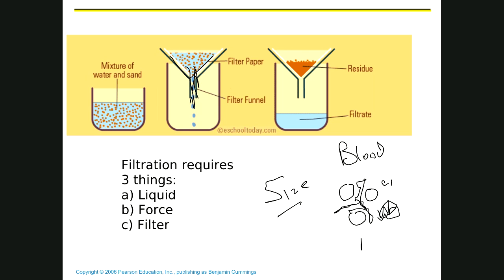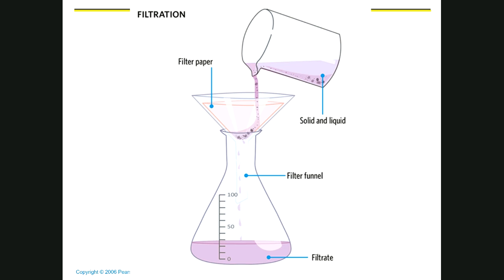It's got proteins, sugars, and all kinds of electrolytes. And anything that's small enough to go through that filter is going to wind up in the filtrate. It's just based on size, nothing else.